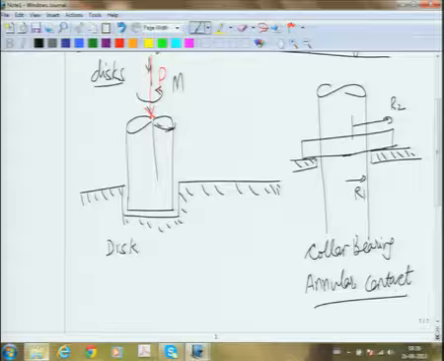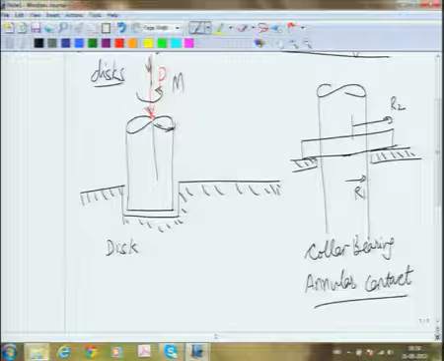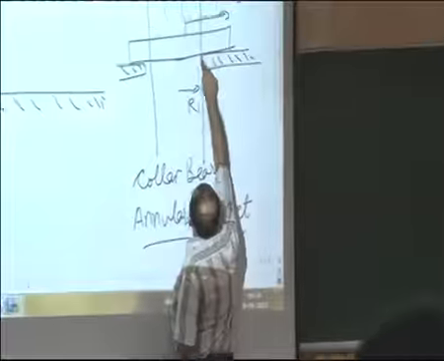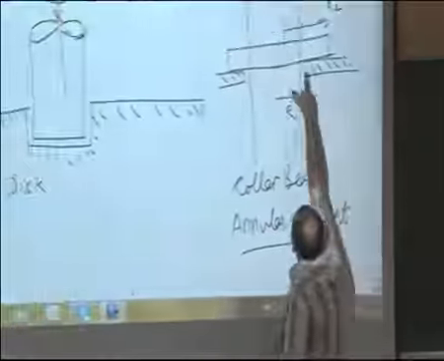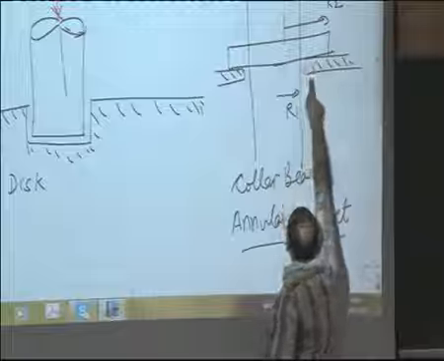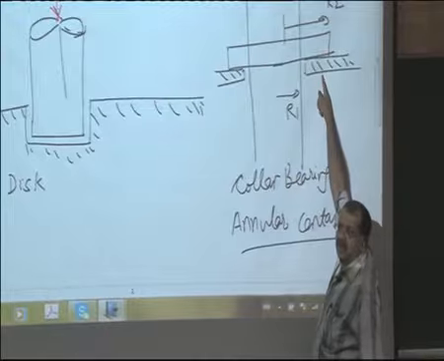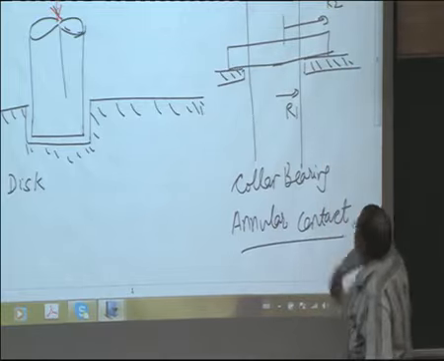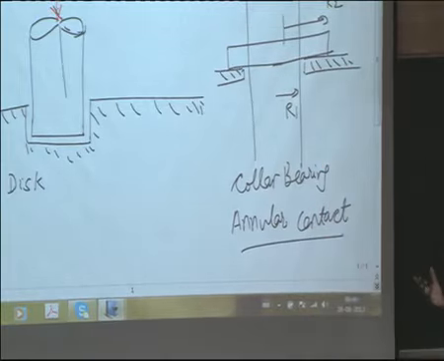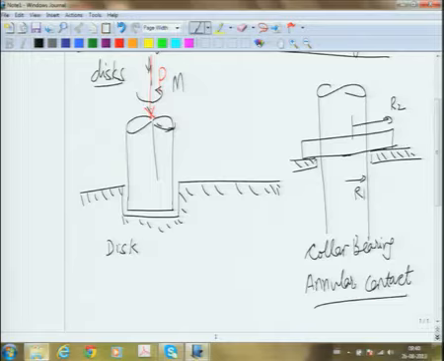So, it is an annular contact, not a full disc contact, starting from R equal to R1. This is the rod, on the rod we have a collar, and it is the collar which is in touch with the ground. That means the rod rotates, the collar along with it rotates, and this surface area of contact will be pi times R2 squared minus R1 squared. So, that is the other scenario.